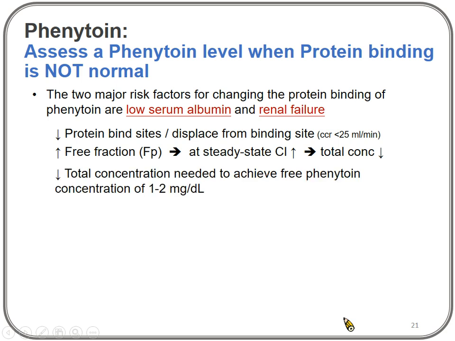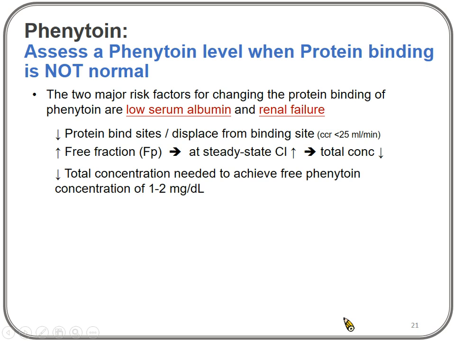So what does that mean? The decrease of the total concentration does not mean the patient is not therapeutic. Instead, the free concentration remains constant, or unchanged, during these situations.